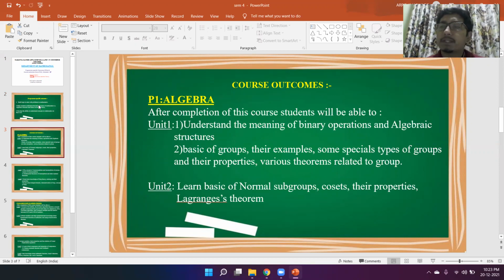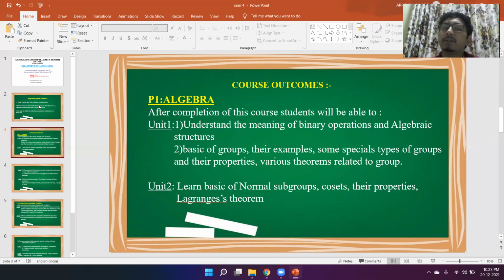The Algebra paper comprises 4 units. In Unit 1, we start with the definition of binary operation and then what is an algebraic structure. Algebraic structure is a very important concept in pure mathematics.